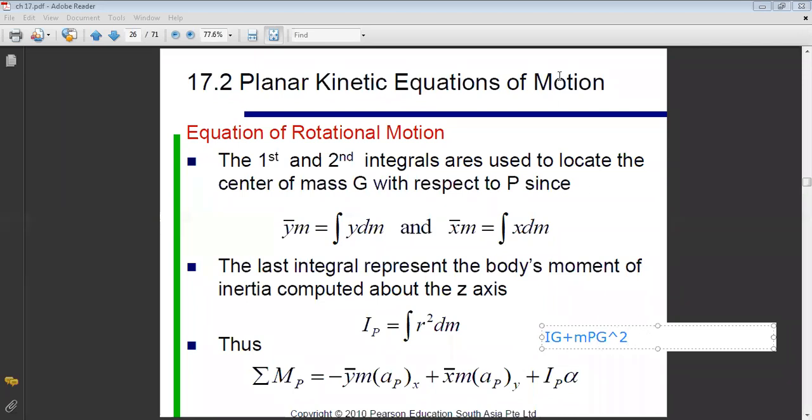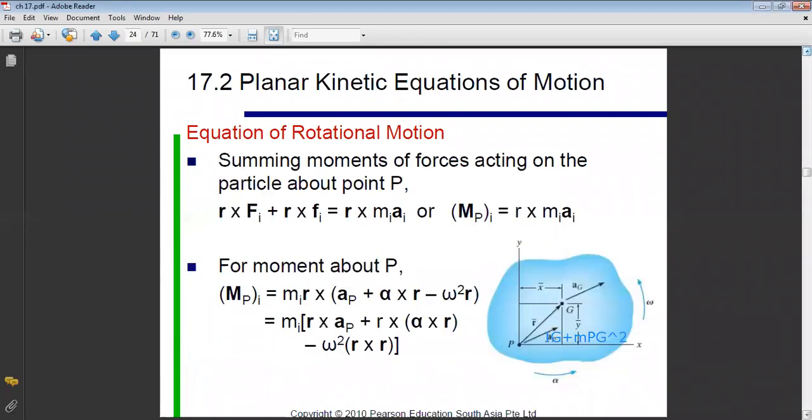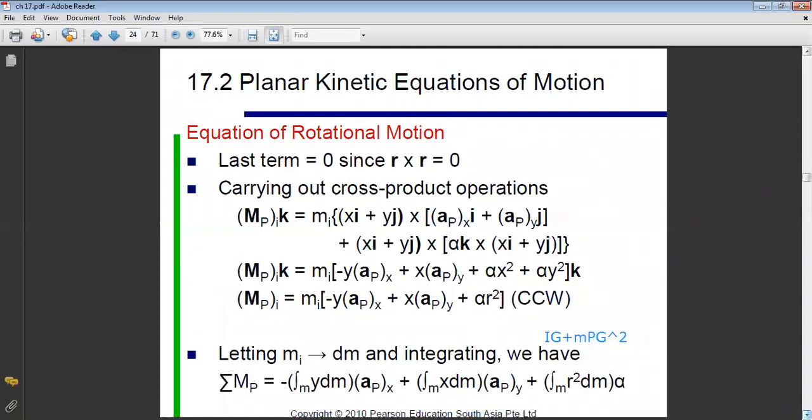If I go back to the previous figure, are you seeing the previous figure here? Yes. Okay. The distance between P and G can be calculated by the radical of X bar square plus Y bar square. So PG square is X bar square plus Y bar square. So I can replace IP by IG plus M times X bar square plus Y bar square.